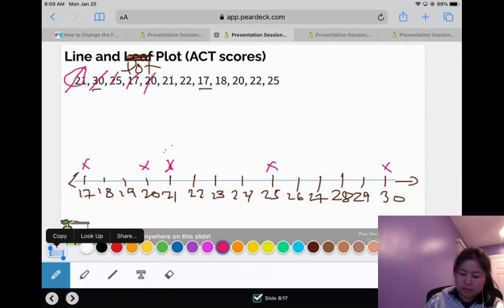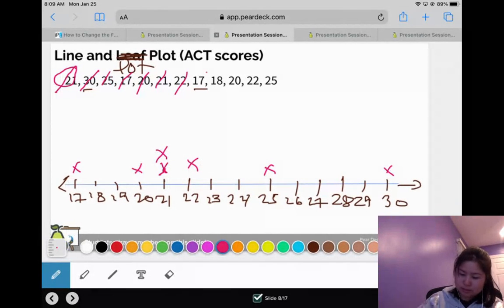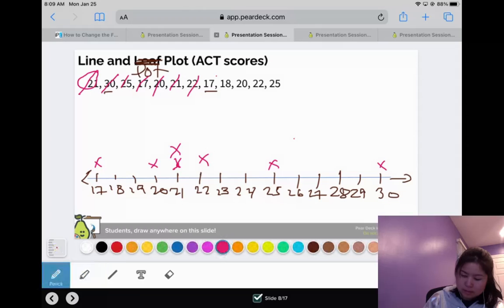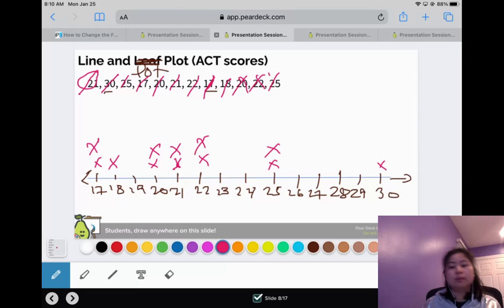There's another 21. 22. What do I do now? 17. There's another 17. 18. There's one 18. 20. 22. 25. Okay.